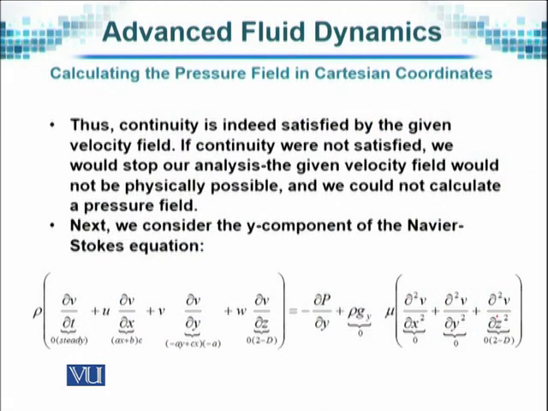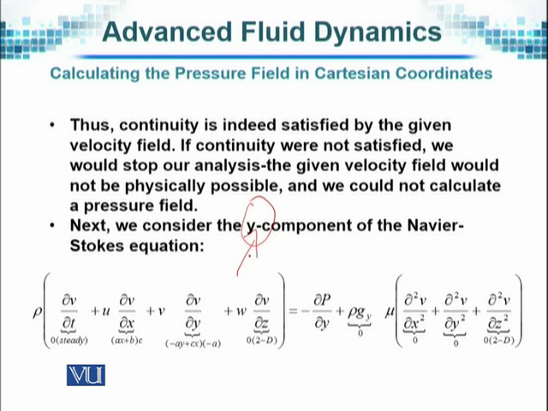Now we look at the Navier-Stokes equation, and I try to write down here only the y component. I could have written the x component, but first let us see for y and see what we get. Then we will apply it to the other component also. And remember, we are only considering two-dimensional motion.